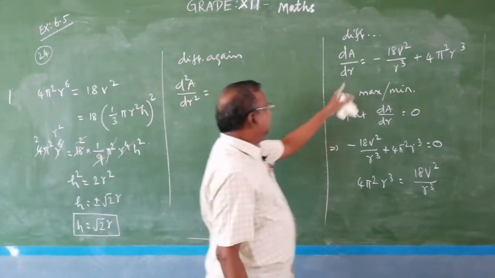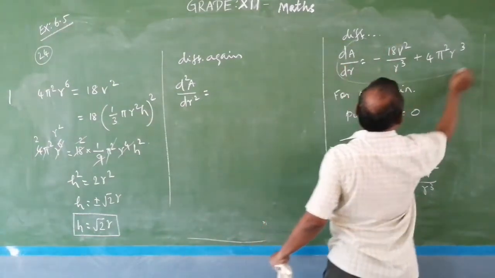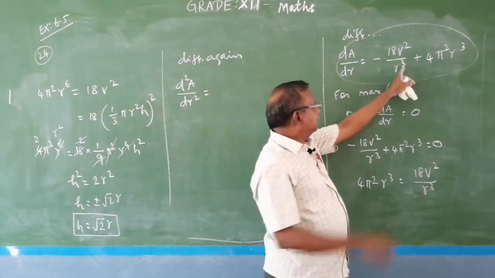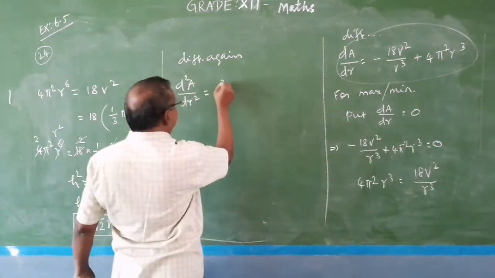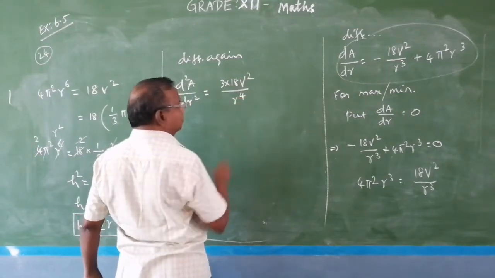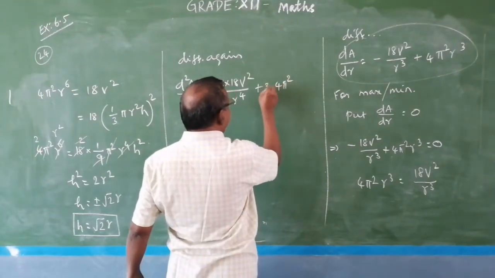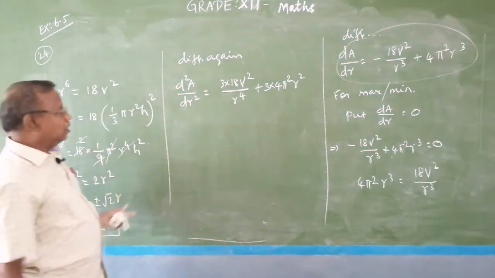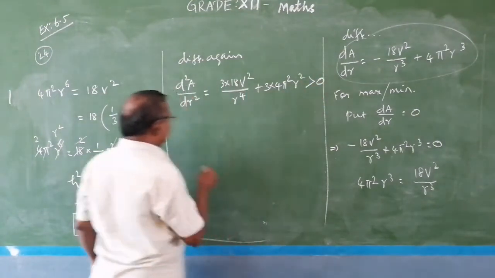We have dA by dr equal to minus something, so differentiating this term, minus becomes plus since the variable is in the denominator, and power into numerator, that is 3 into 18 V square divided by r power 4 plus 4 pi square is constant, r cube gives 3 r square. When h equals root 2 r, clearly the second derivative is greater than 0.